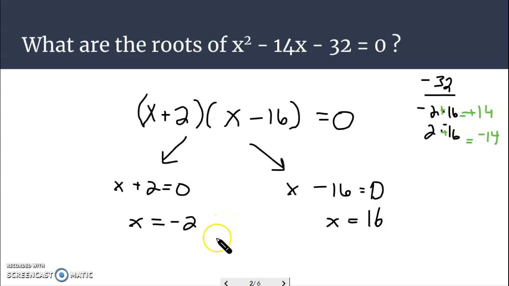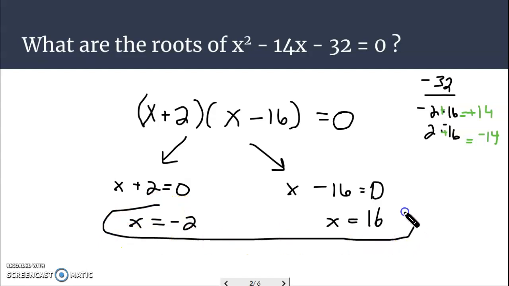Negative 2 and 16 are what we call the roots of the quadratic trinomial. If we were to graph this on a coordinate plane with, instead of 0, y, we would see that this graph crosses at negative 2 and 16. Just another graphical representation of that.